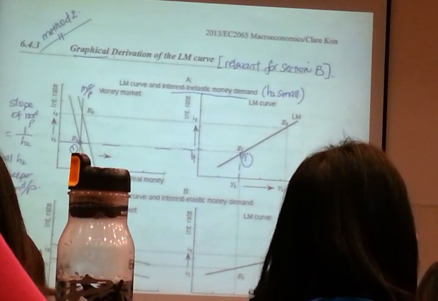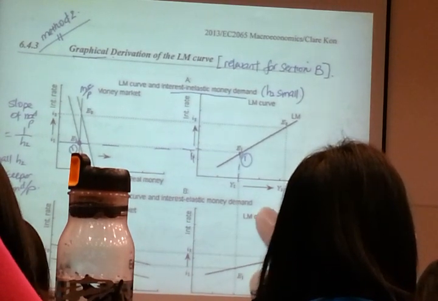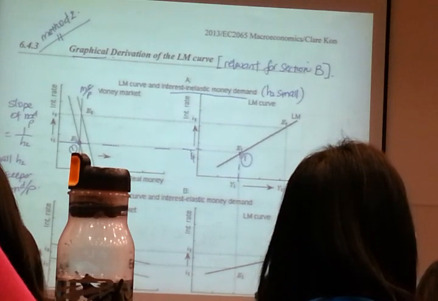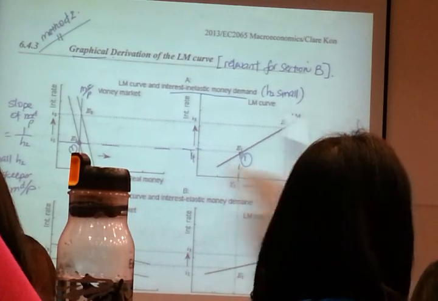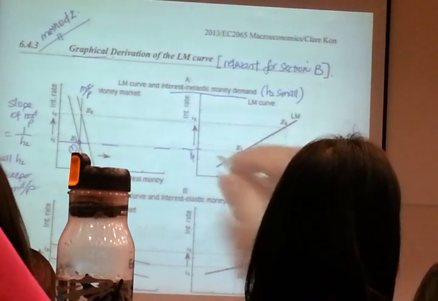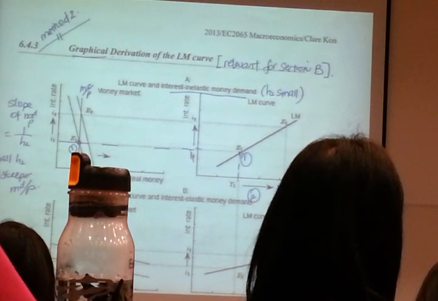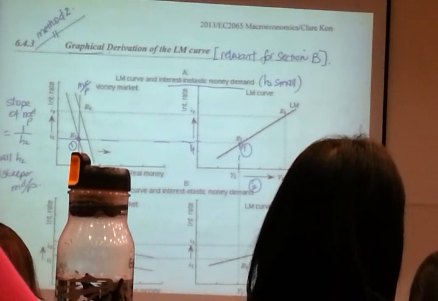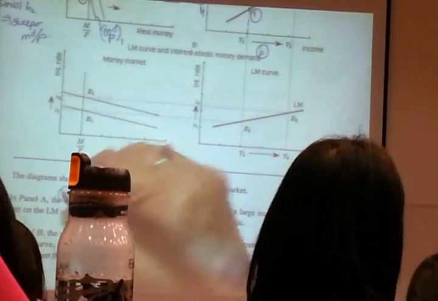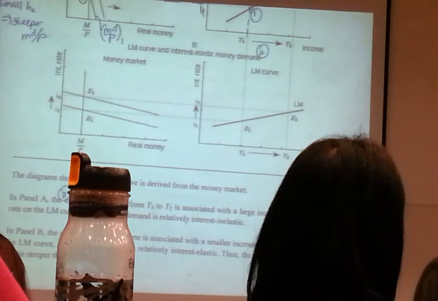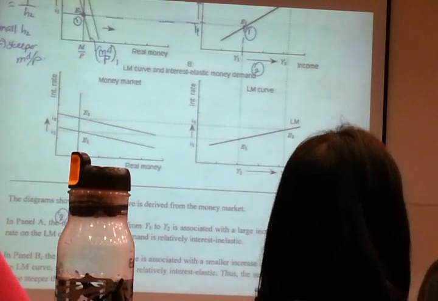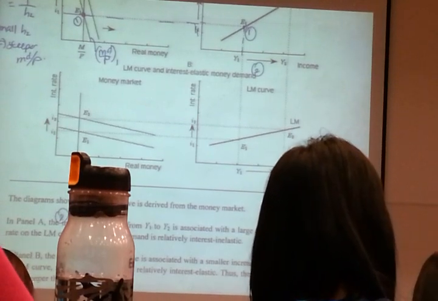Now, the reason why I don't really like this approach is because students make a lot of mistakes. Step 2 didn't come from the left diagram. Step 2 came from here. You must let income go up. This is actually explained in your notes. This is your step 2. In panel A, the right diagram, you must let income go up.